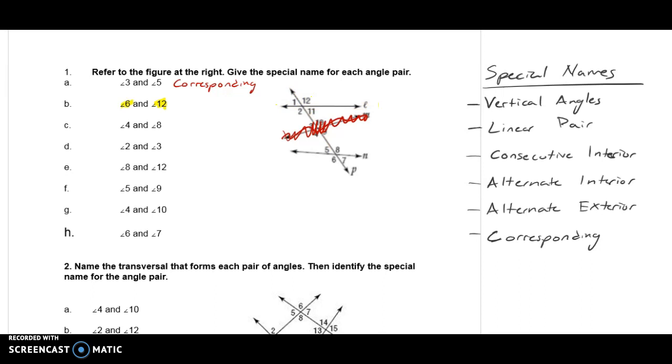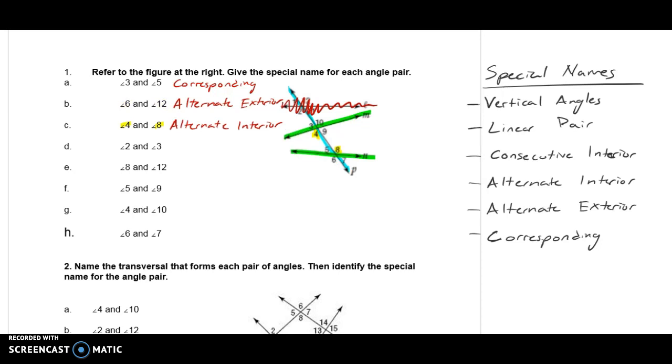So opposite sides on the outsides would make that alternate exterior. Go ahead and figure out the rest of them, and I'll reveal them one at a time.